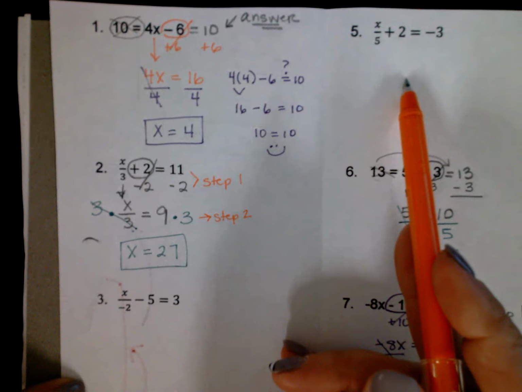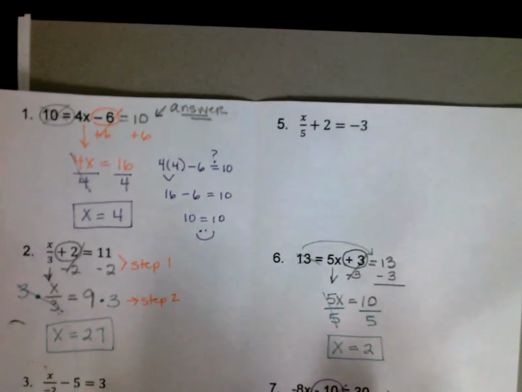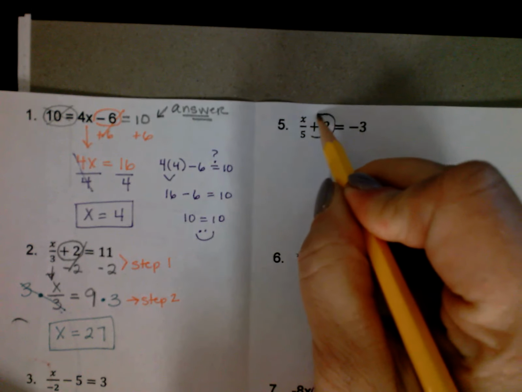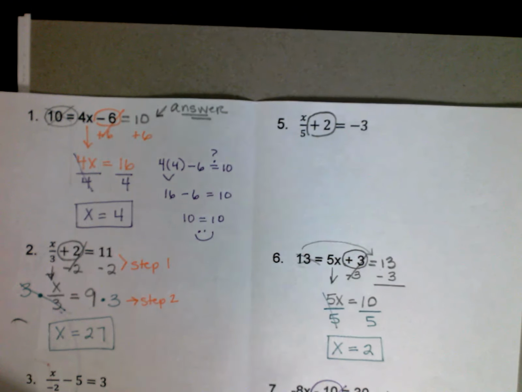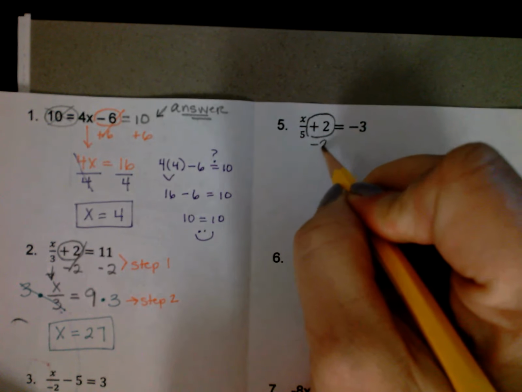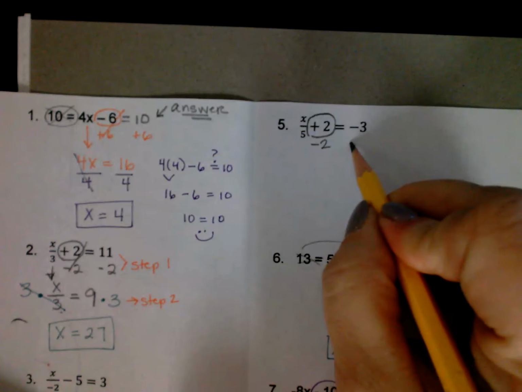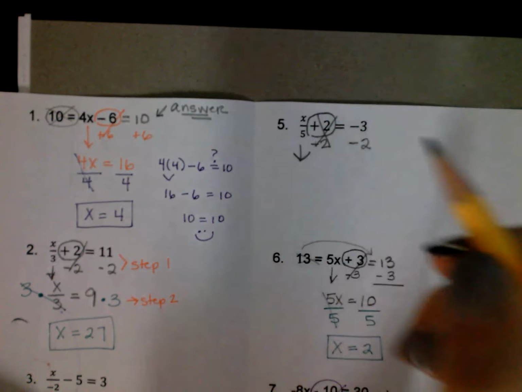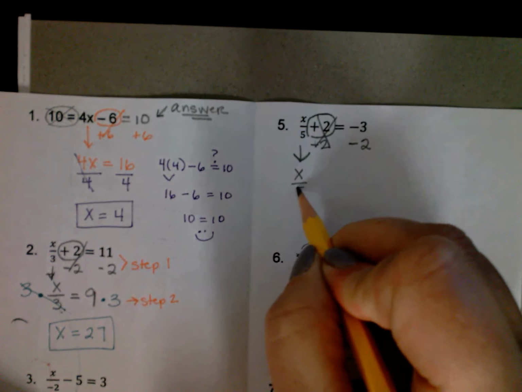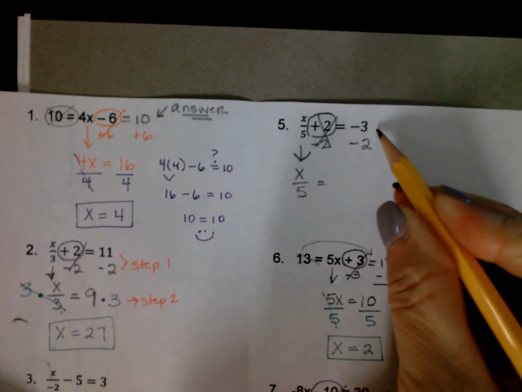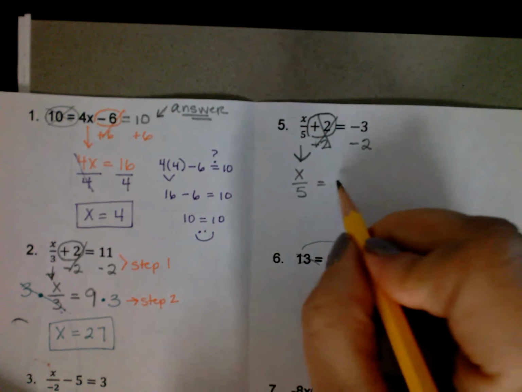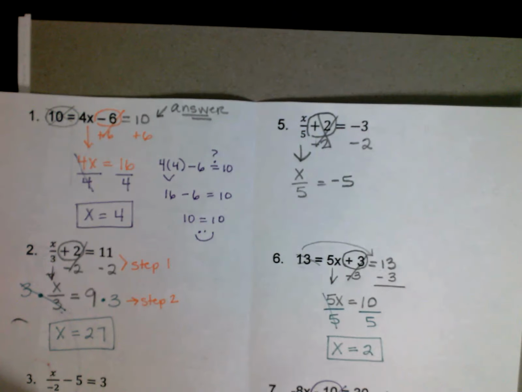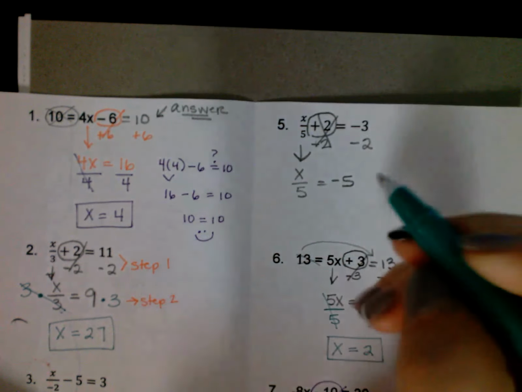Let's move to number 5. Same sort of thing. Step 1, get rid of the addition or subtraction. So I need to do minus 2, minus 2. I'll be very careful. I drop this down. Negative 3 minus 2 more is negative 5. Don't let your brain go too fast.